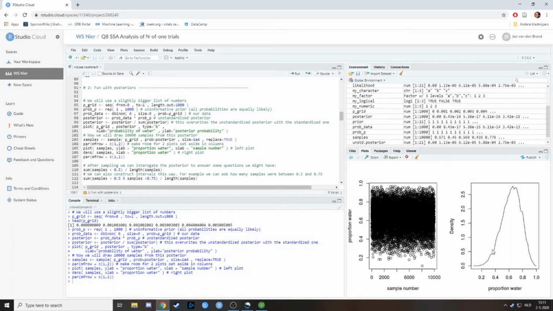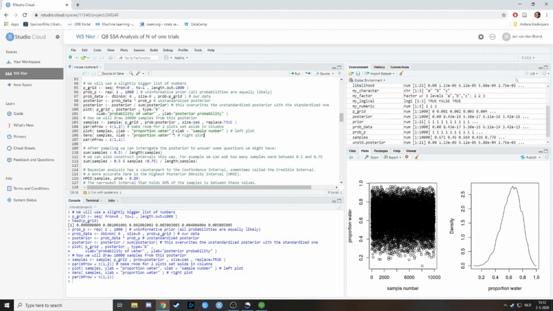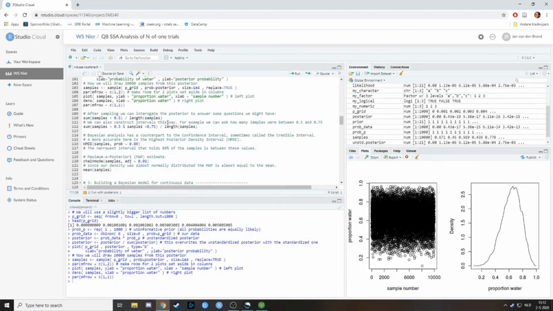So this is a density plot for the samples that we've taken from the posterior distribution, the 10,000 samples, and it looks very similar to the posterior that we had. And after we've done this sampling, we can do all kinds of things to it and interrogate this posterior to answer some actual questions.